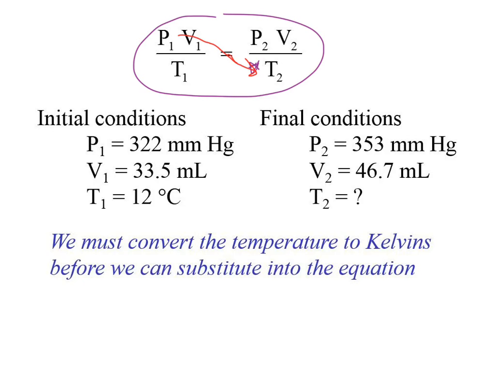So when I flatten it out, I have P1 V1 T2 is equal to P2 V2 T1. That's my flattening out. I like it flattened out because now, if I'm after T2, it's a lot easier. Do you buy this? To get T2 by itself, I need to divide both sides by P1 V1.